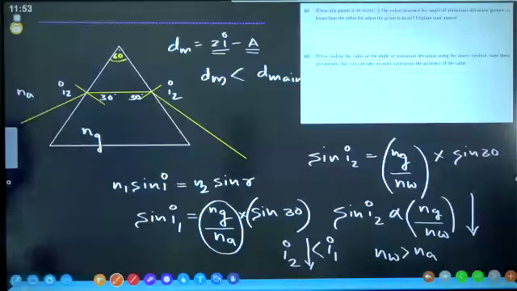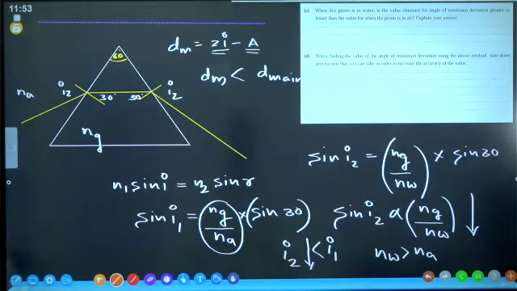Angle of incident on the prism which is lied in water, bracket I2, less than that in air, bracket I1.